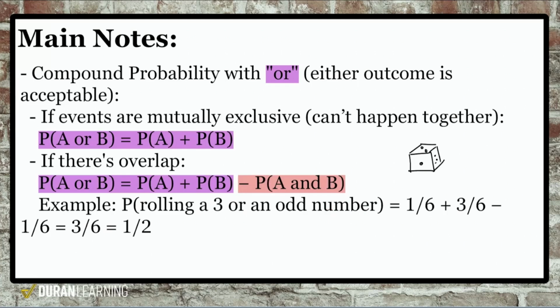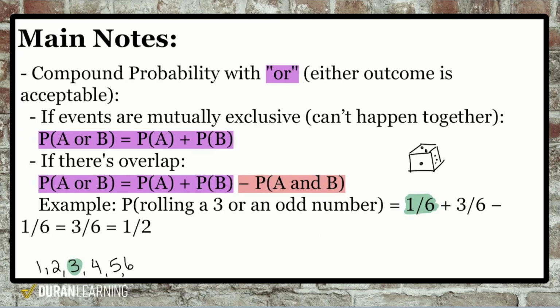Everybody, if we're thinking about the possibilities here as 1, 2, 3, 4, 5, and 6, again, down here at the bottom left, what are the chances of rolling a 3? Well, that's just going to be 1 out of the 6 numbers. And that's where the 1 out of 6 comes from.